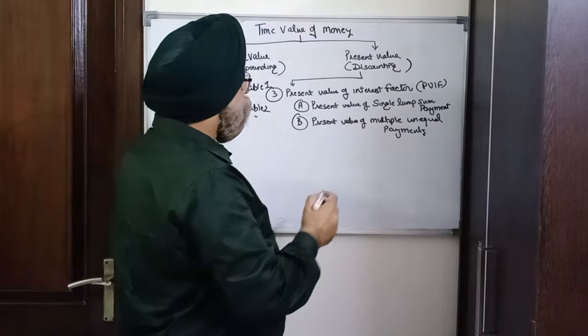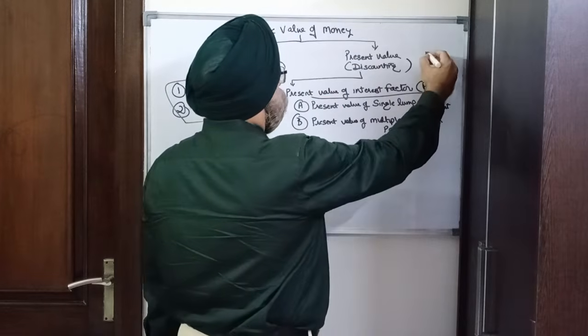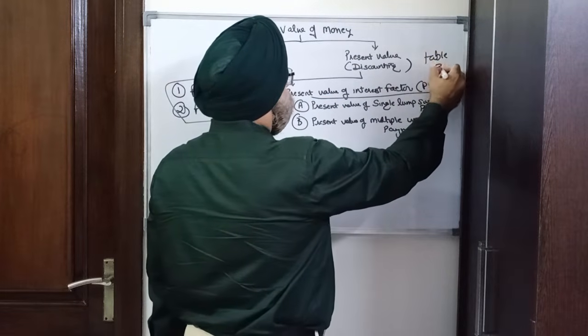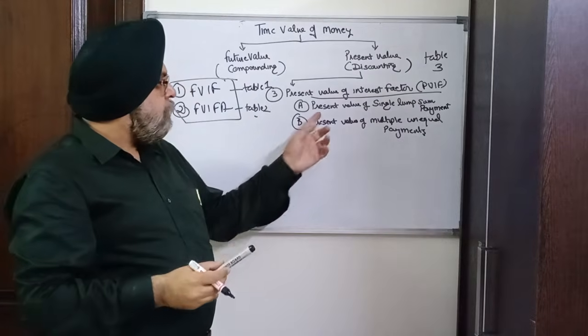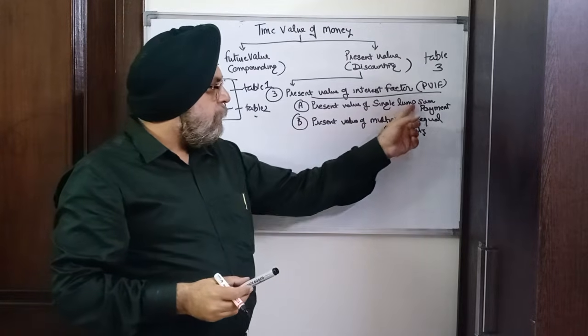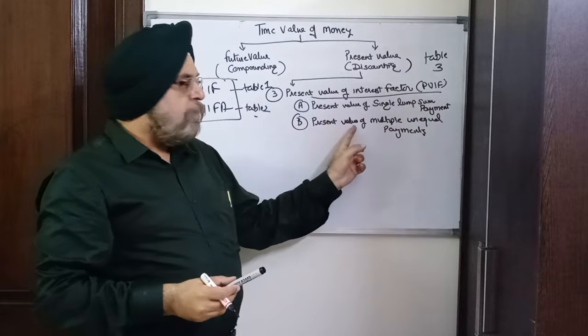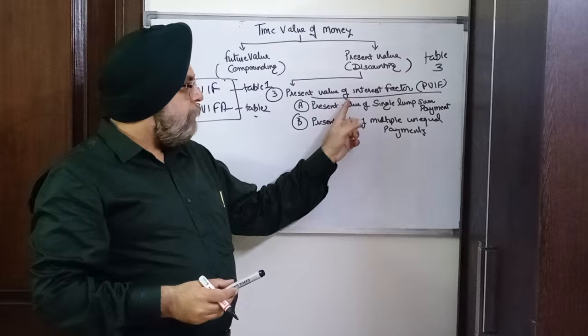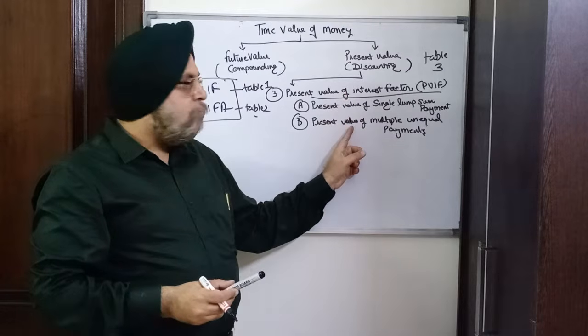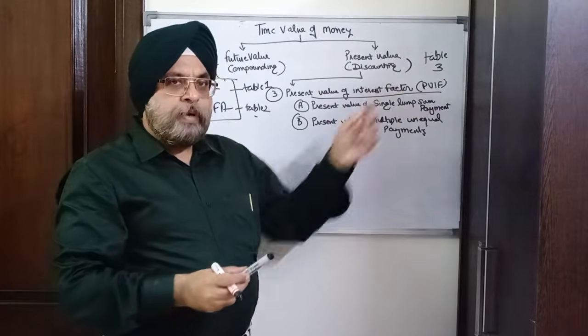In the present value of interest factor annuity, we will use table number 3. In this PVIF, we have two things, present value of single lump sum payment and present value of multiple unequal payments. These two will be done by the same formula and we will use table number 3.